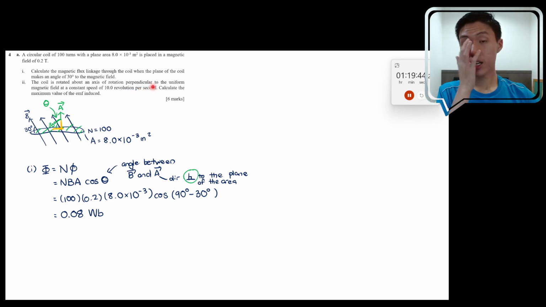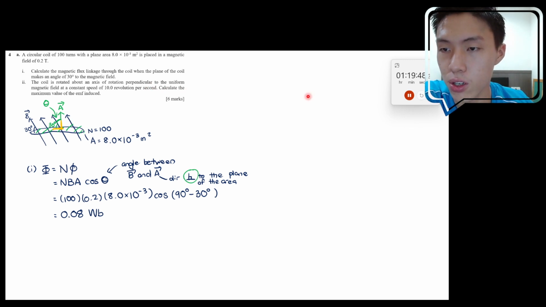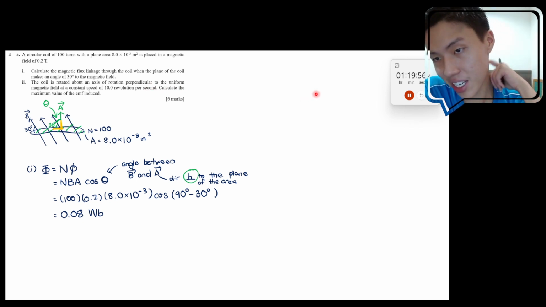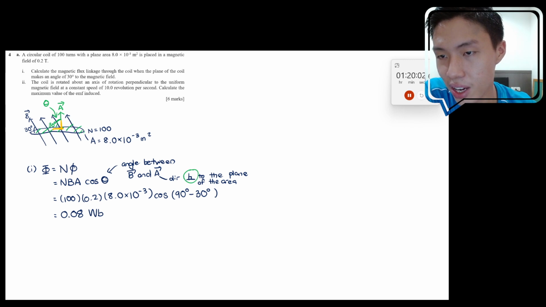Okay, the axis of rotation is perpendicular to the uniform magnetic field. Perpendicular means there are many ways to be perpendicular, but in this case I think because the syllabus is not that complicated, what they say regarding your axis of rotation is that your axis of rotation is here.